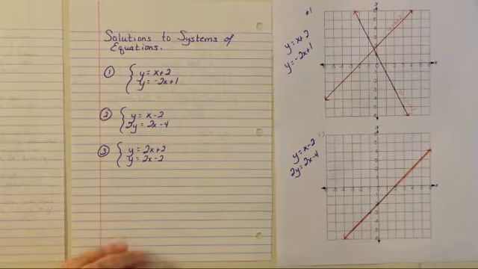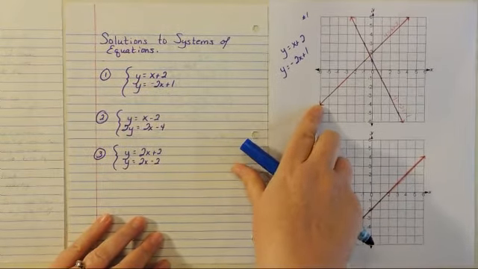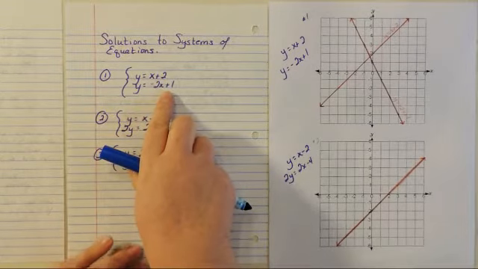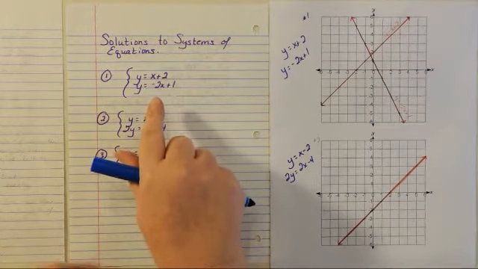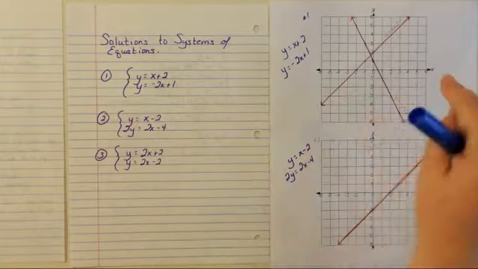Okay, so we have 2 equations. We have y equals x plus 2, and we have y equals negative 2x plus 1. If we look at these 2 equations, if we graphed them, they would come out like this.